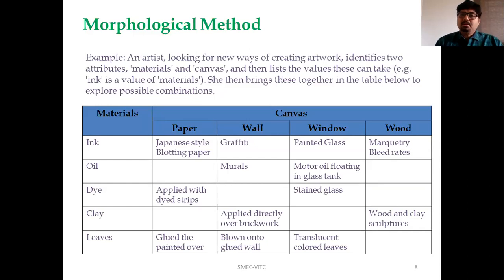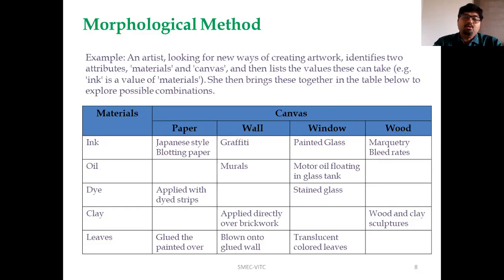When these options are listed out and put across the morphological field box, ink on paper gives a Japanese style blotting paper. Ink on wall gives graffiti. Ink on windows gives painted glass. Ink as a material and wood as a canvas gives marquetry and bleed rates.